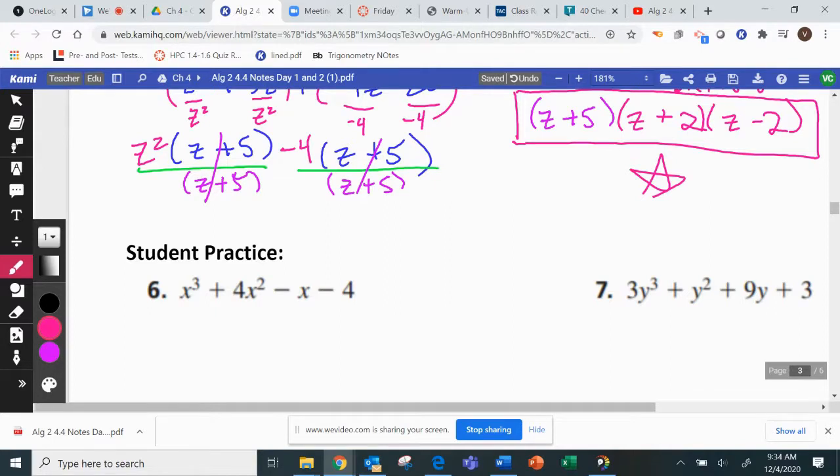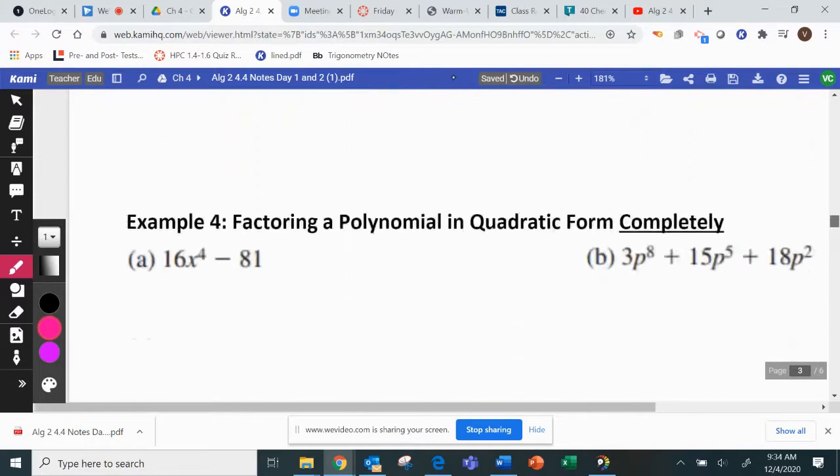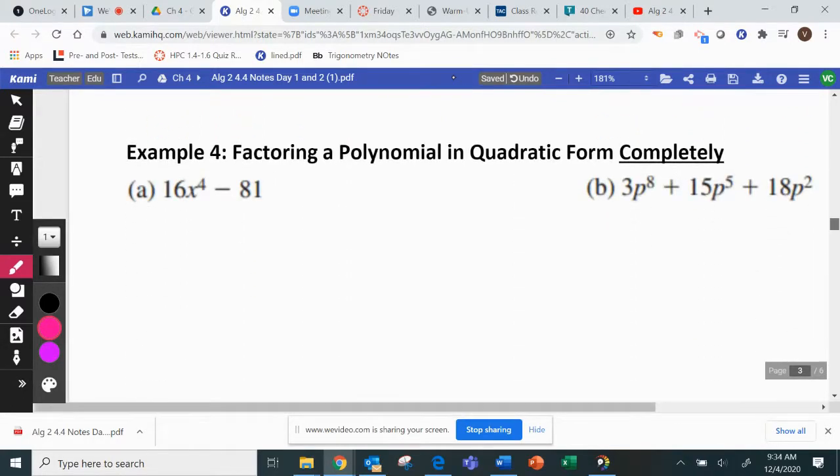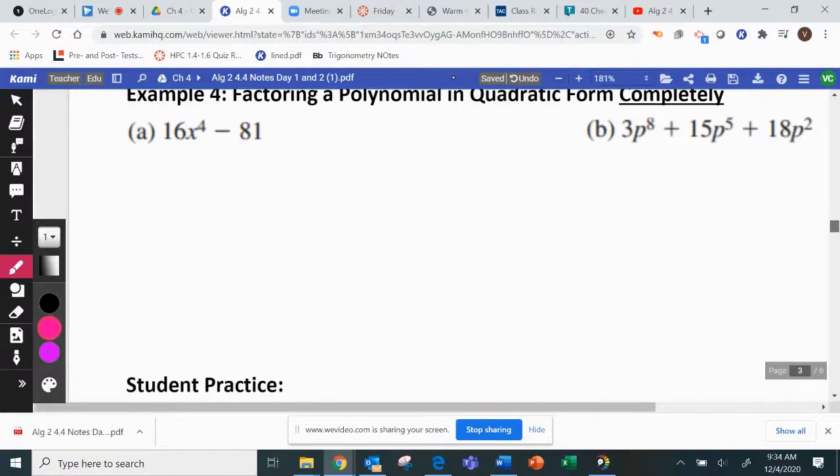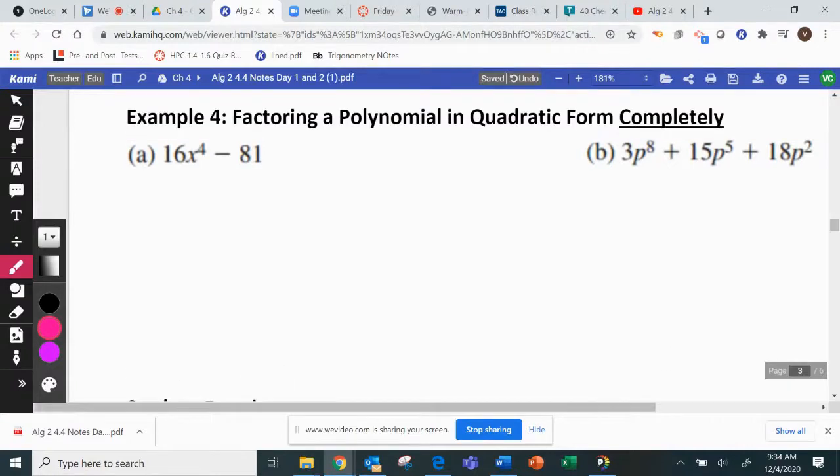I want to show one more that's on the last page, and I'm going to put it on the video, even though the bell rang. It's going to be question A. So when I look at it, I notice there's a fourth here that is not cubic. It is, however, a difference of squares. So the way I would factor this one first would be 4x squared and 4x squared, plus or minus, and then this would be 9 and 9.